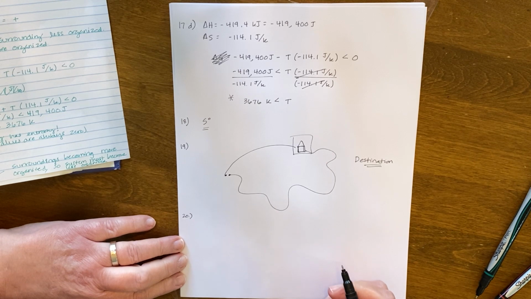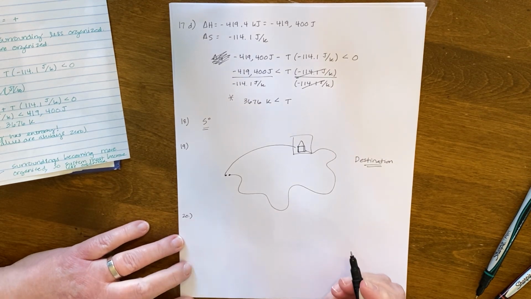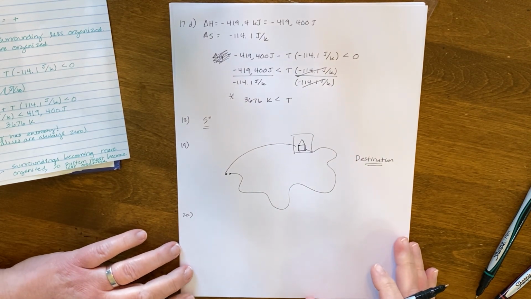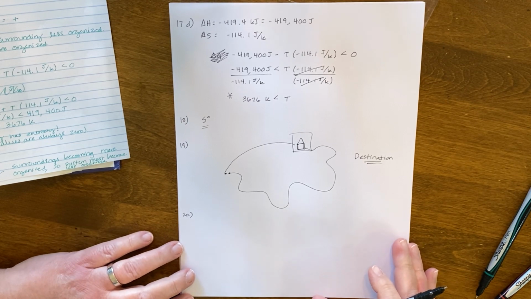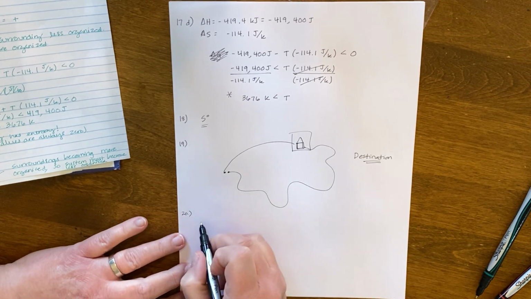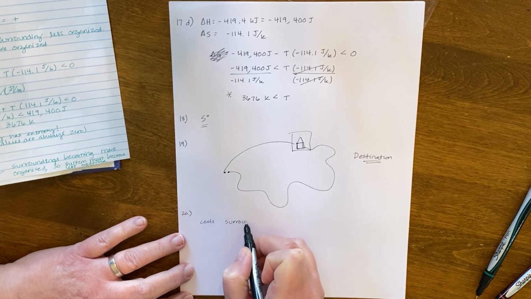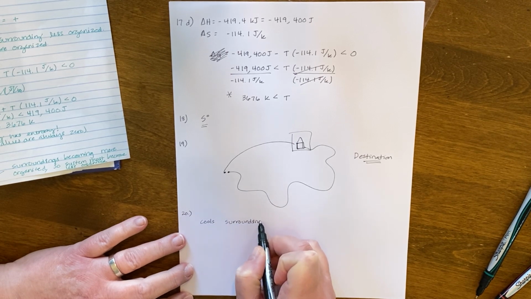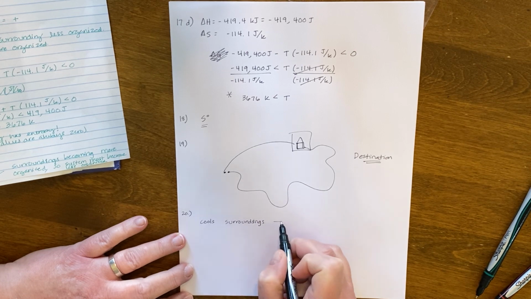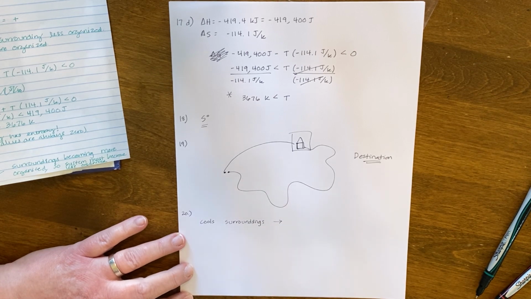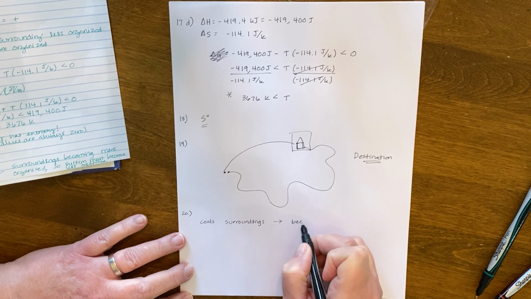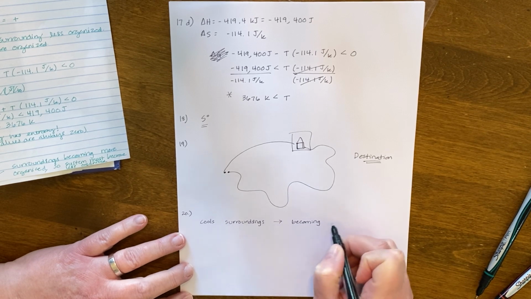And then number 20, finally, we have a physical process in a system cools its surroundings and it's spontaneous. So it cools the surroundings. So what does that tell us? That tells us that the surroundings are becoming more organized.